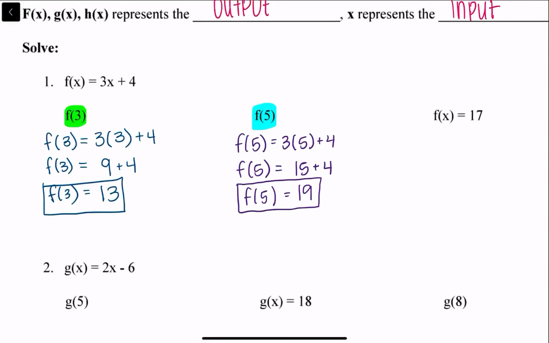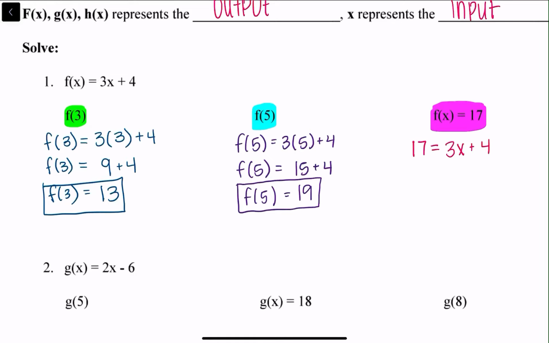However, for the last part of number 1, it says f of x equals 17. So instead of replacing my x with a number, I'm going to replace f of x with a number. So the number that I'll be replacing it with here is 17. So it's going to be 17 equals 3x plus 4.